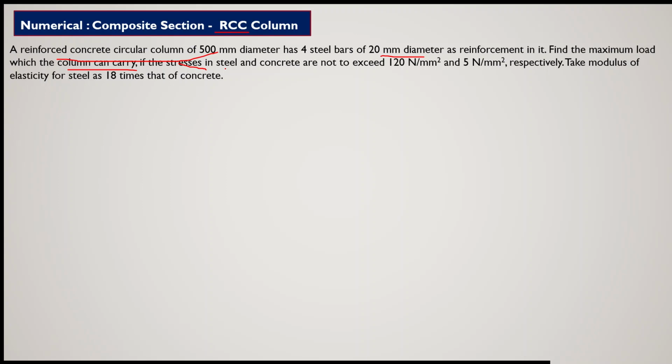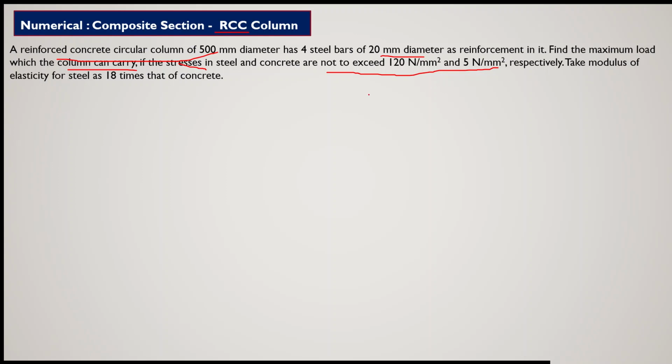What are the restrictions? The stresses in steel and concrete are not to exceed certain limits: the maximum stress allowed in steel is 120 Newton per millimeter square, and the maximum stress allowed in concrete is 5 Newton per millimeter square.